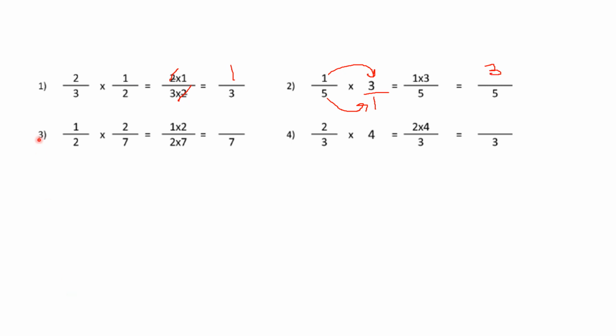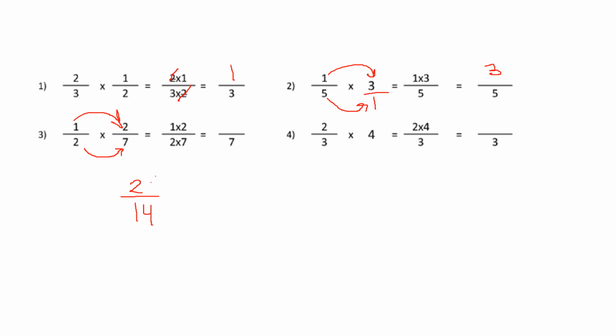Now let's go to part 3. 1 over 2 times 2 over 7. Similarly, multiply the numerator by the numerator. 2 times 1, it's 2. And multiply the denominator by the denominator. 2 times 7, it's 14. So you can write 2 over 14.